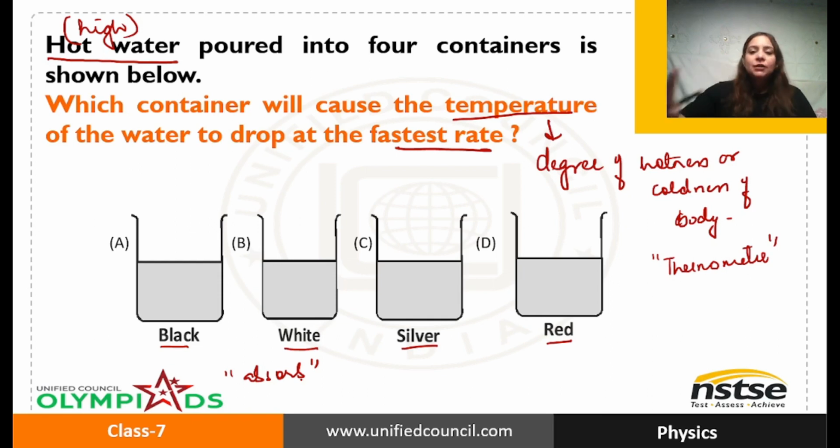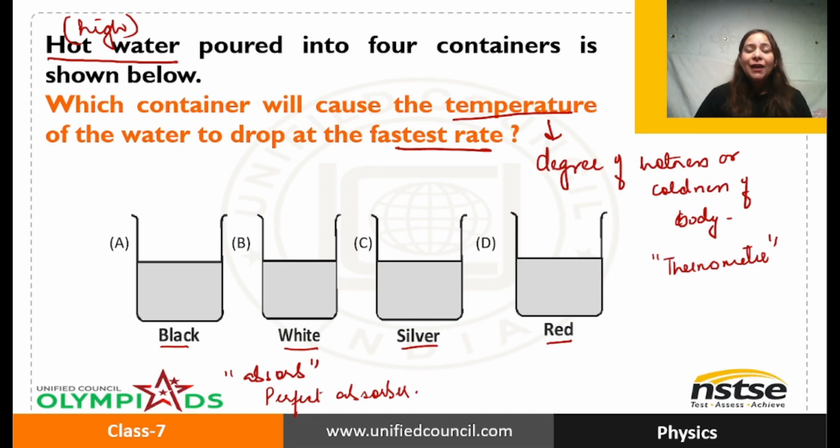Whatever radiations you make fall on black, it will absorb all of them. So we can say that black is a perfect absorber. But white, silver, red, they absorb radiations only up to a certain limit. They don't absorb as much as black does.